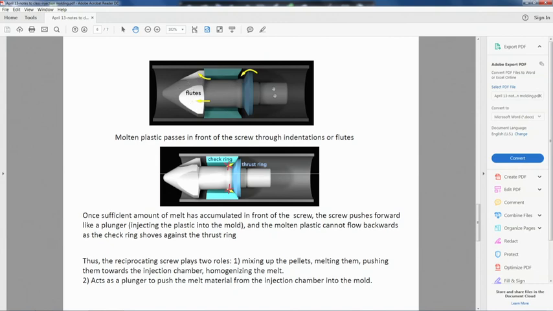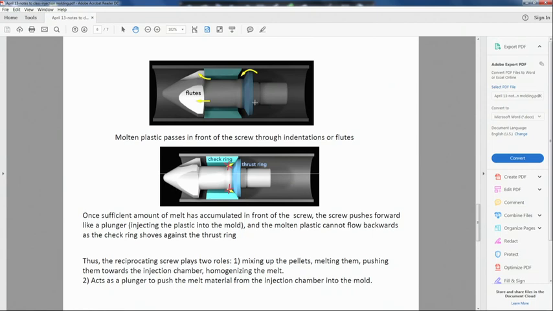So, the reciprocating screw basically plays two roles. One is that it mixes. As I have already written down here, it mixes up the pellets, it melts them, it pushes them towards the injection chamber, and in the process it homogenizes the melt. And secondly, it acts as a plunger to push the melt material from the injection chamber into the mold.